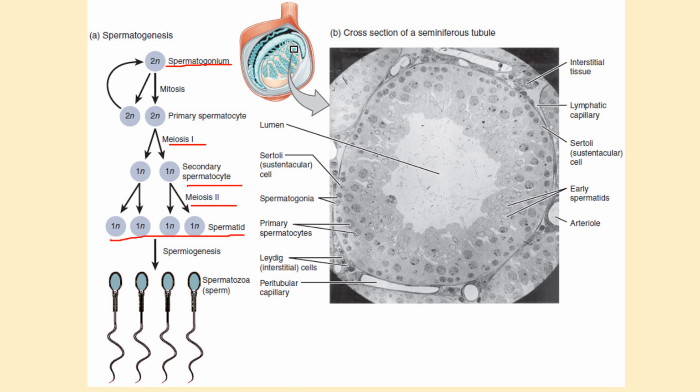So starting from spermatogonium till spermatid, we have seen cell division taking place. Now at this point we have cell differentiation taking place, so as to transform spermatids into spermatozoa. After formation, they embed their head into Sertoli cells in order to derive nutrition.